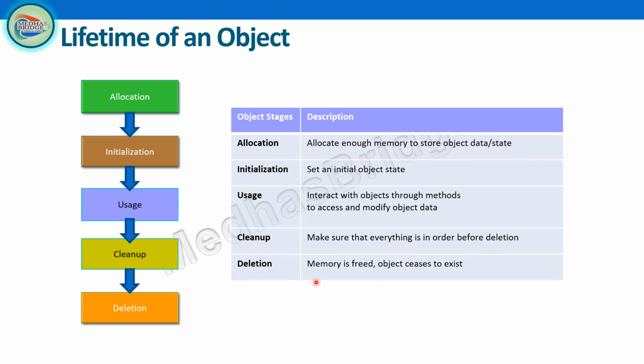Deletion means memory is freed, which is also known as the object ceasing to exist. During the allocation stage, we created memory. So during the deletion phase, we need to free the memory, meaning giving allocated memory back to the memory pool of the system, which is very essential in object-oriented programming.